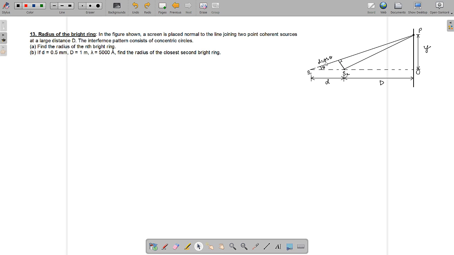Now the waves emanating from point sources S1 and S2 will suffer a path difference of d cos theta. If this path difference of d cos theta is analyzed with respect to lambda, we can find out what type of interference will occur at point P. So let's start with our solution.